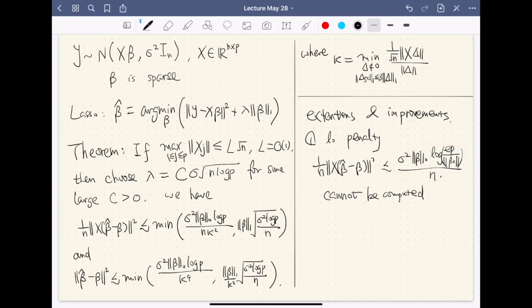So not just that you cannot achieve this rate by lasso, but any efficient algorithm cannot achieve this rate. There is an intrinsic computational barrier. The second method is, for example, the non-convex penalty.